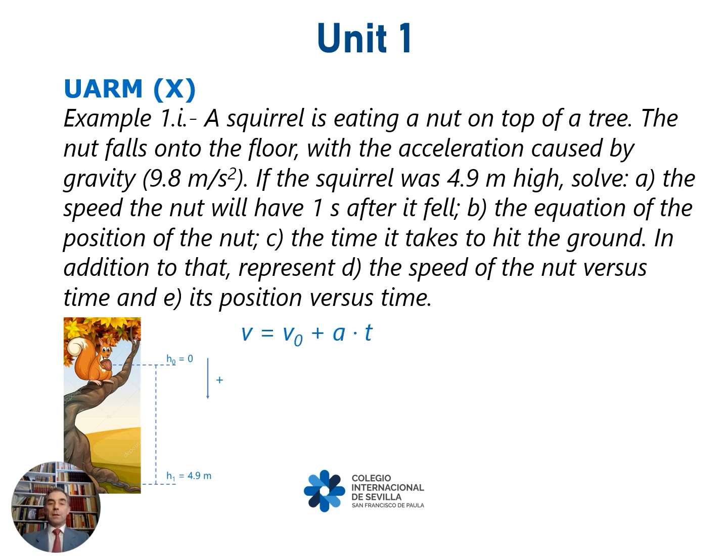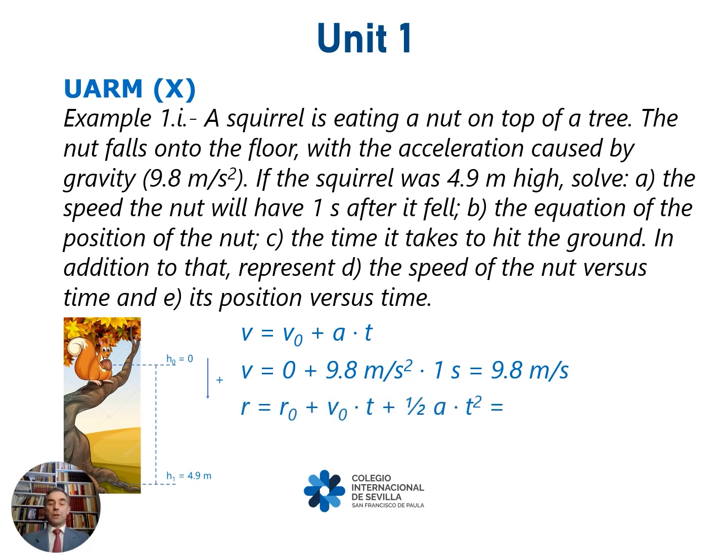The speed in a uniformly accelerated rectilinear motion is given by v equals v0 plus acceleration times time. Therefore, the speed it will have 1 second after it fell will be v equals 0, which is the initial speed, plus the acceleration, 9.8 meters per second squared, times the time, which is 1 second. That gives us 9.8 meters per second.